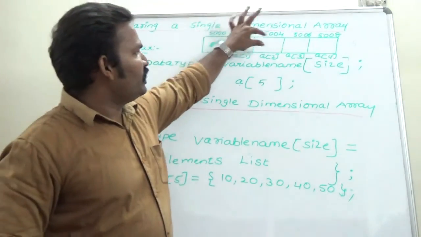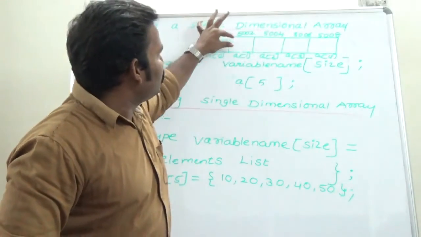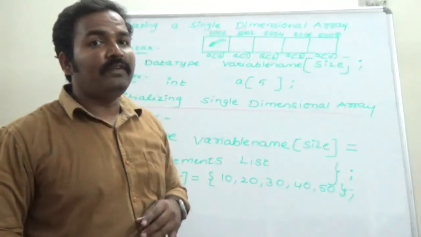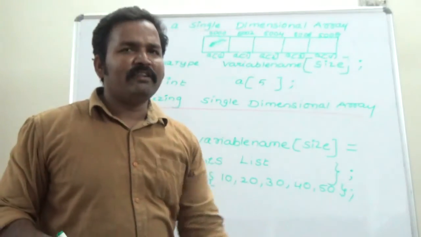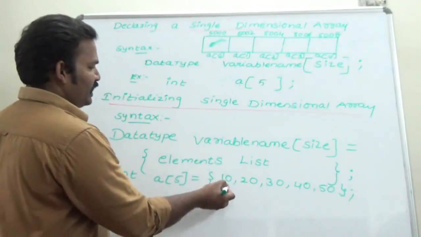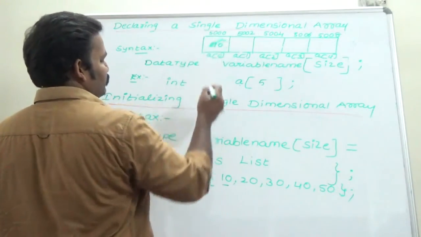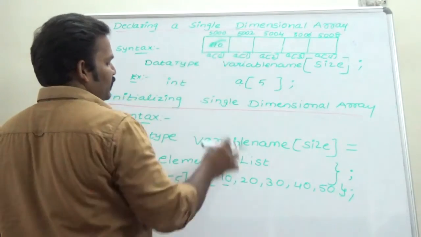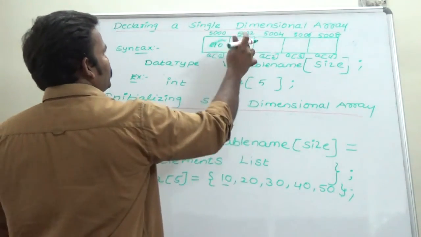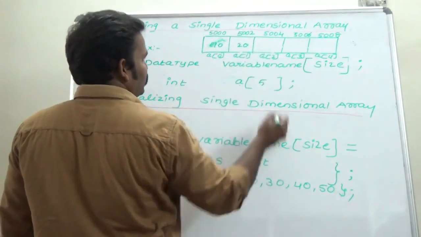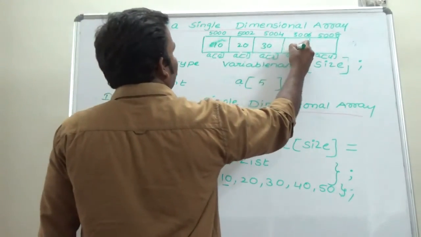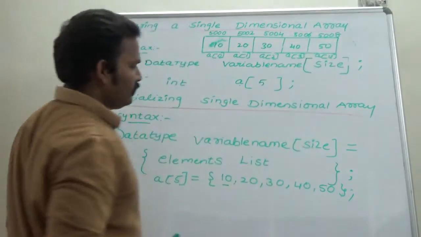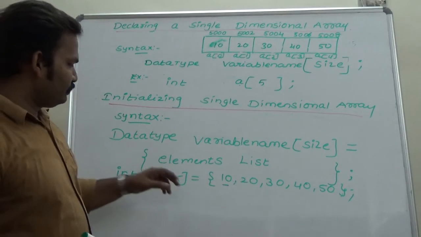All the five locations are filled with these 5 elements. 10 is stored into this particular location, 20 is stored into this location, then 30, 40, 50.